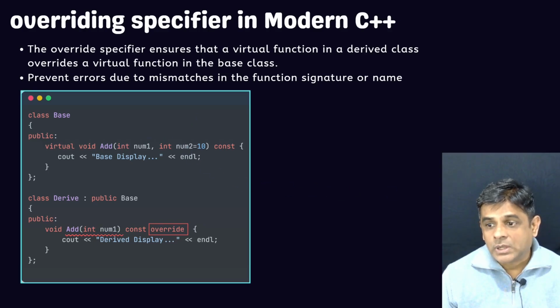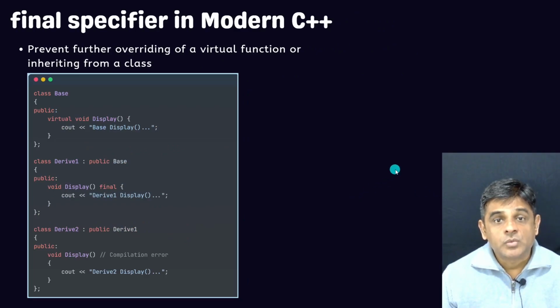We will discuss one more specifier, the final specifier. The final specifier prevents further overriding of a virtual function or inheriting from a class. That means consider we are writing a base class and to some extent we don't want the derived class to override that method, so we want to prevent overriding.